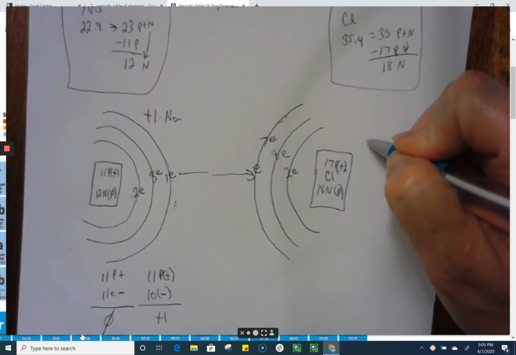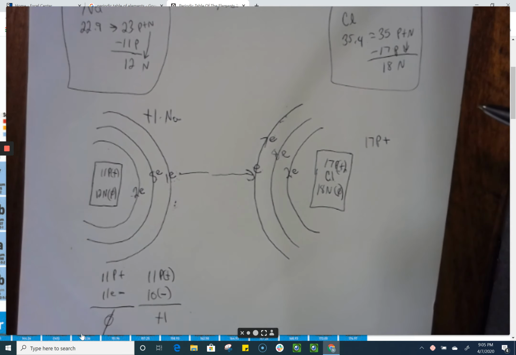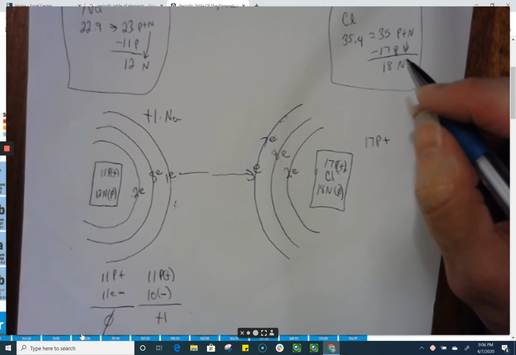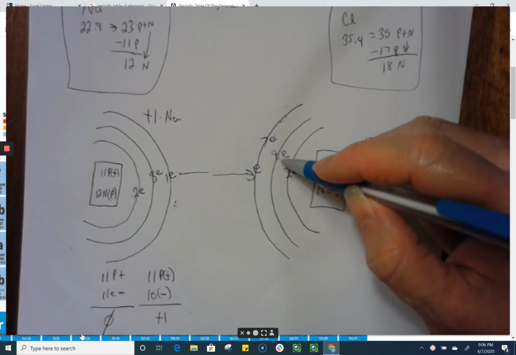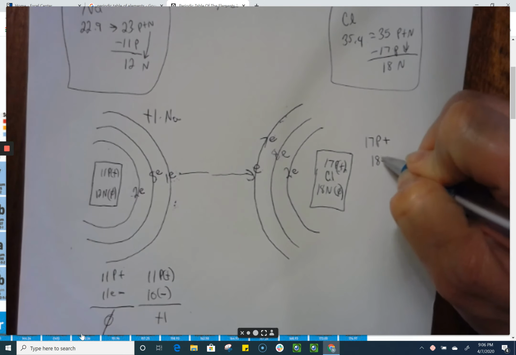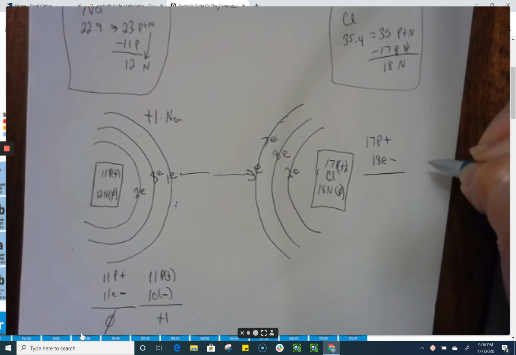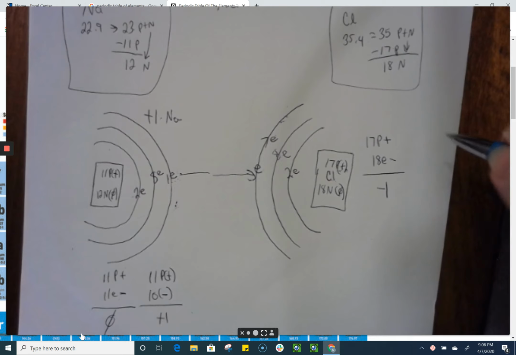But when you talk about your charges, you still have 17 protons or 17 positive charges. And now you have 2, 8, 10, 17, 18 electrons, overall 18 negative charges. So now you have an overall charge of -1.